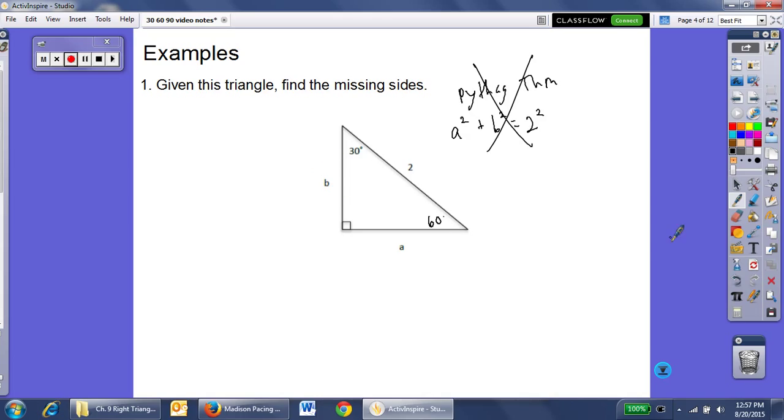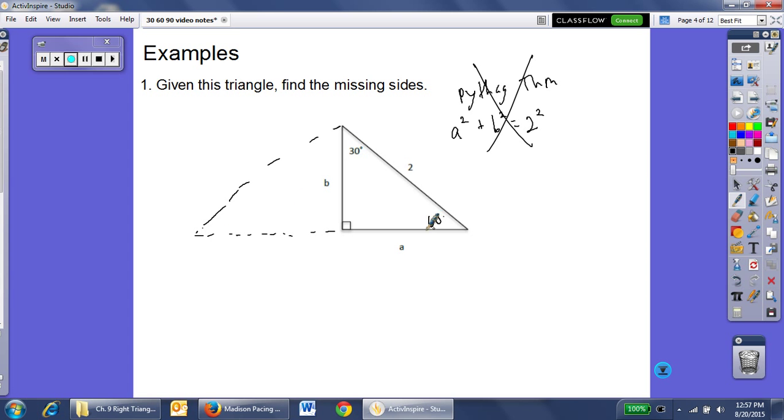The strategy we're going to use comes from thinking back a couple chapters to when we covered transformations. What would happen if we took this triangle and reflected it to the left, over the long leg? I'm going to take this triangle and flip it so that it flips onto this side.